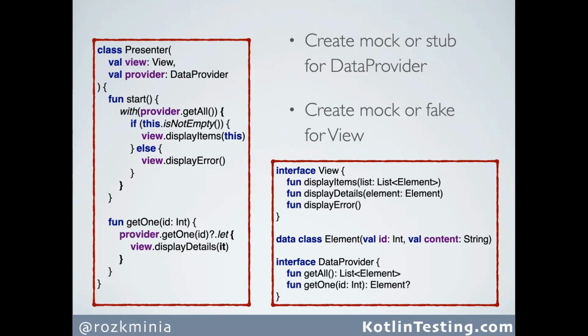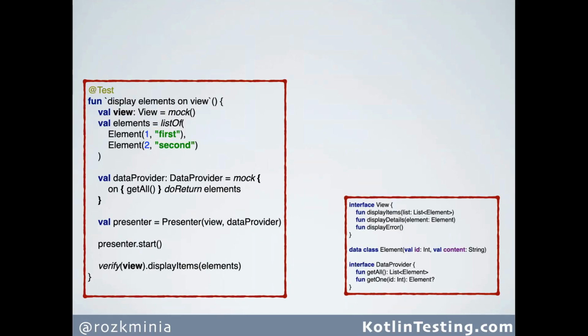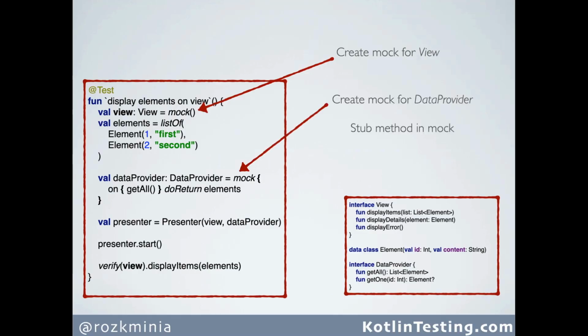So let's jump straight into the first test case. We want to verify that if data provider returns non-empty list of elements, then all those items would be displayed on view. So first, we create mock for our view. Then we create mock for data provider with proper stubbing.